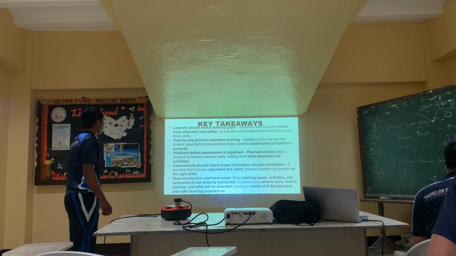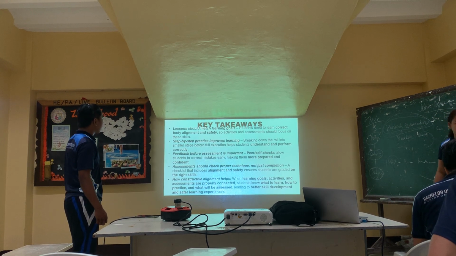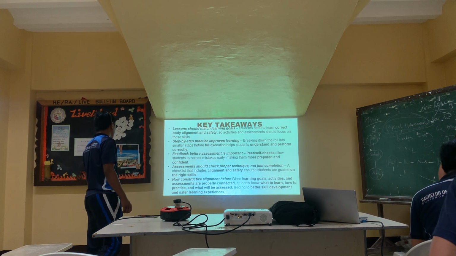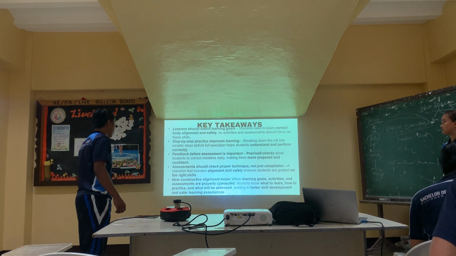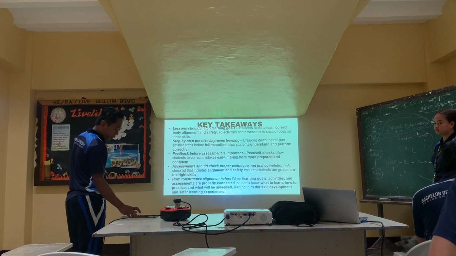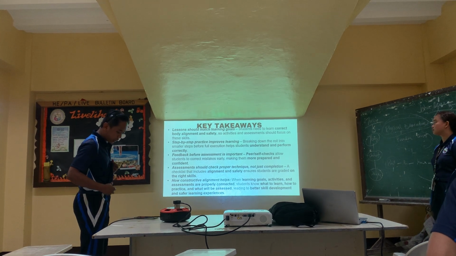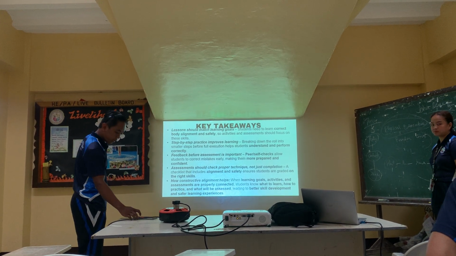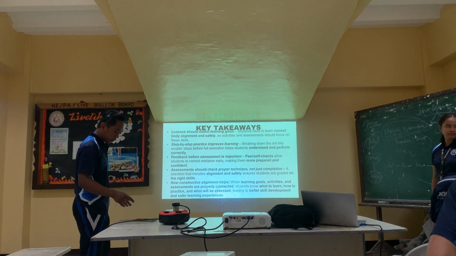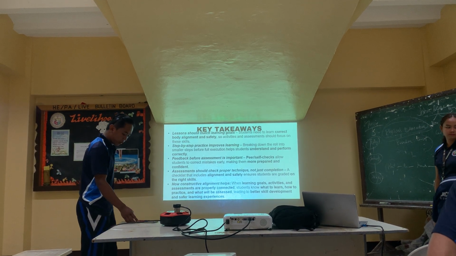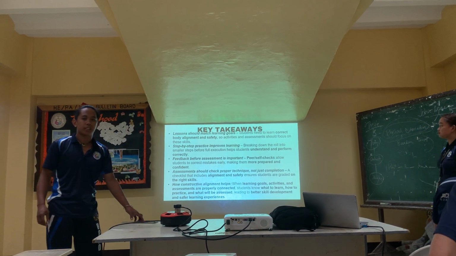Feedback before assessment is important. A clear self-check allows students to correct mistakes early, making them more prepared and confident. They can identify errors so that they can spot mistakes before they become habits and improve technique. Feedback from peers or themselves helps refine our skills.